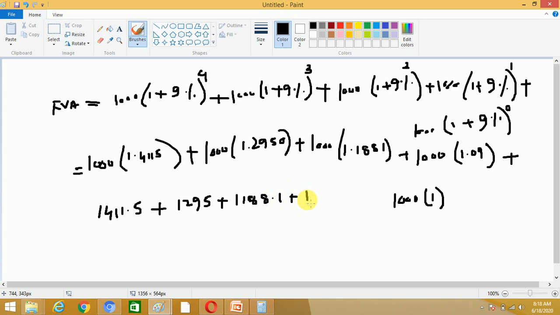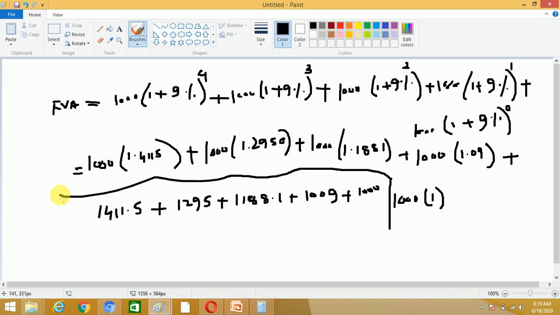Plus 1090, and plus this 1000 multiplied by 1, so you will get the same 1000. So now what will we do? We will add all these values. This is just addition, you can add.